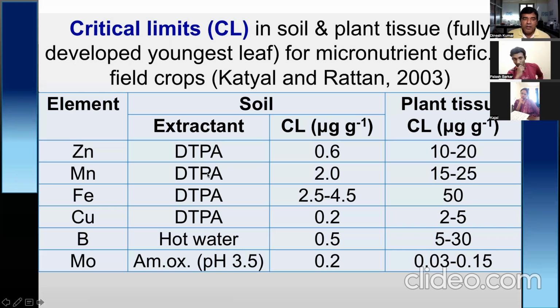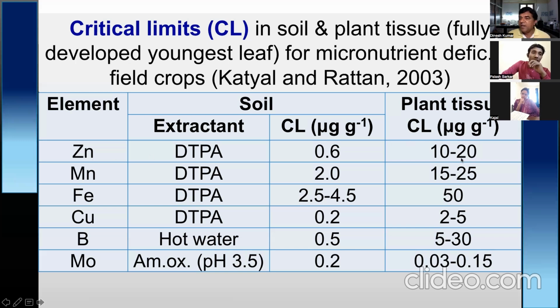So for DTPA, 0.6 ppm or microgram per gram. And for manganese, 2 ppm is the critical concentration. Iron, 2.4 to 4.5, copper 0.2. For boron, it is 0.5, and for molybdenum, with ammonium oxalate at pH 3.5, it is 0.2 ppm in soil. In plant tissue, of course, here they have not specified the stage, but you can see the general range of critical concentration.